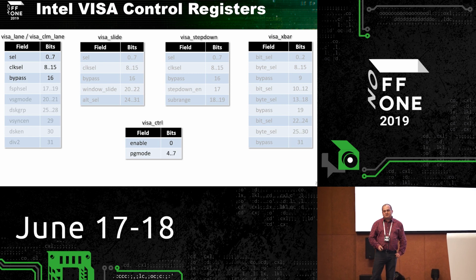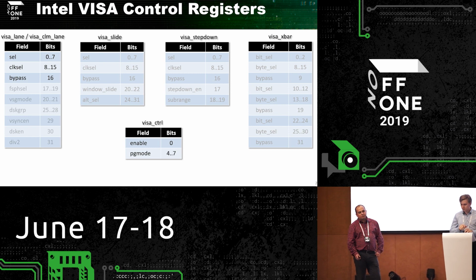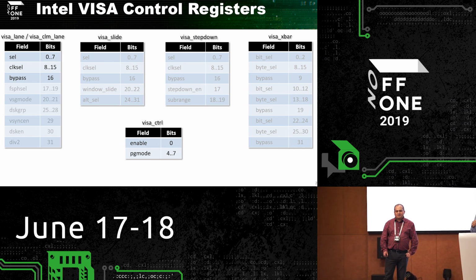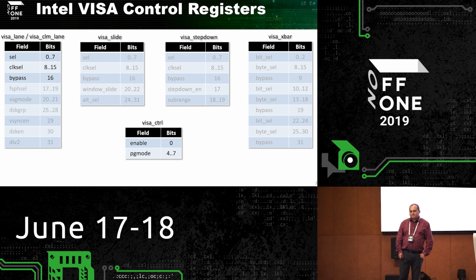Within the XML Visa file, when describing the registers which manage the Visa register controller, we looked into an attribute called standard. The standard for some registers was like a Visa control, yet for others like a Visa lane. We immediately realized that it's a standard defining the layout of a register and its purpose, why this register exists.